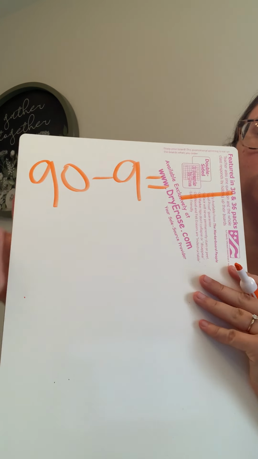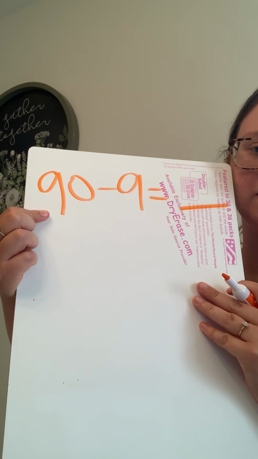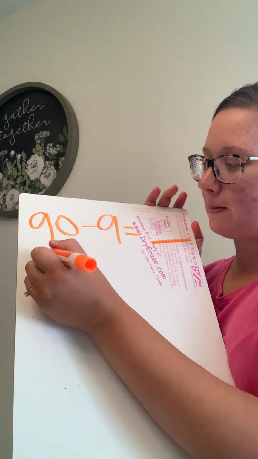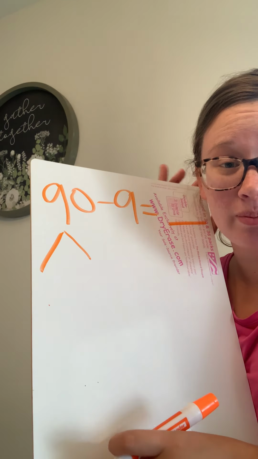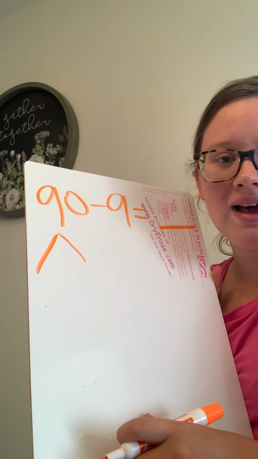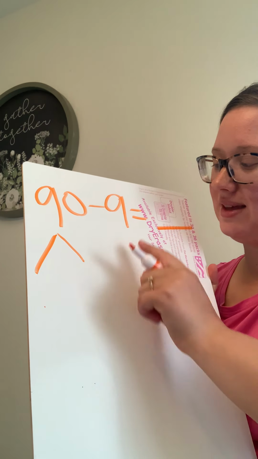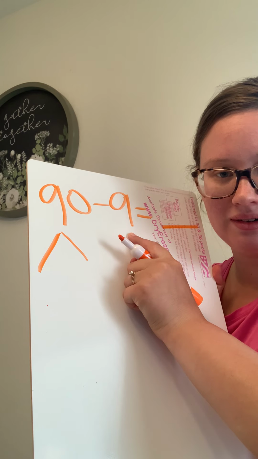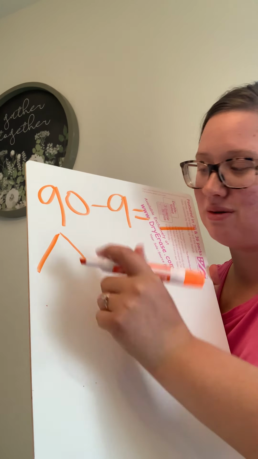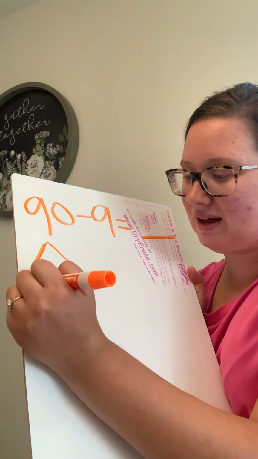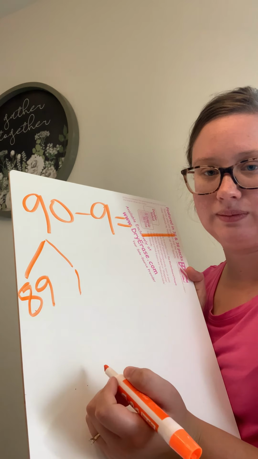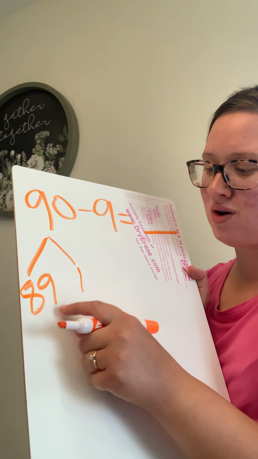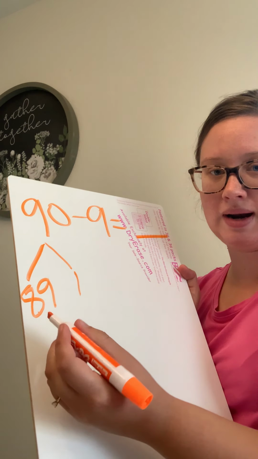So I have to think of two numbers that add up to 90. And what works best for Miss Clower's brain is I like to put the same number here, so it makes it 0. So what I mean by that is I like to change it to 89 and 1, because I know that I can take 9 away from 9.